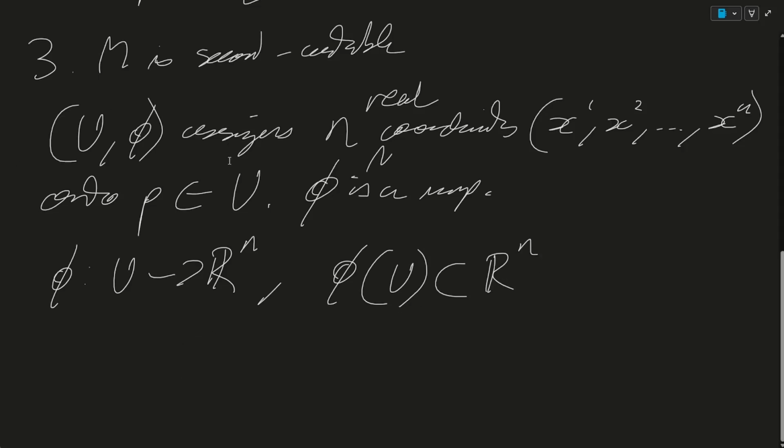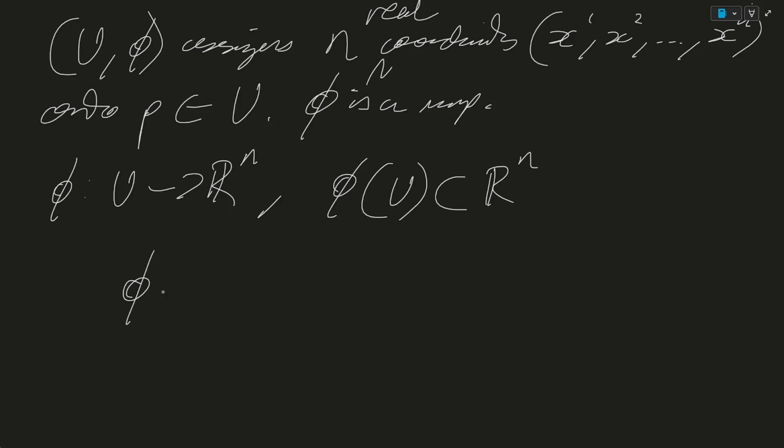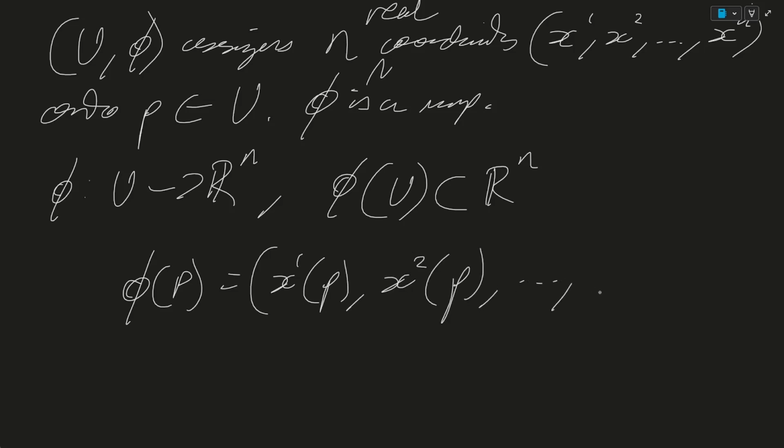And again, we can then say phi of P is equal to x1 P, x2 P, all the way to xn P in Rn.